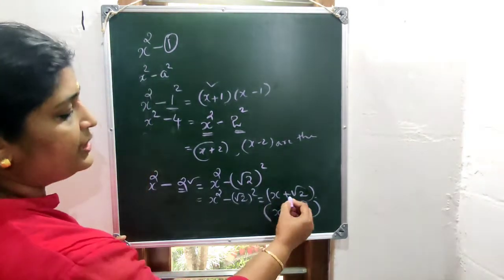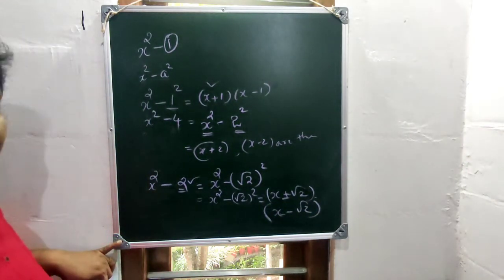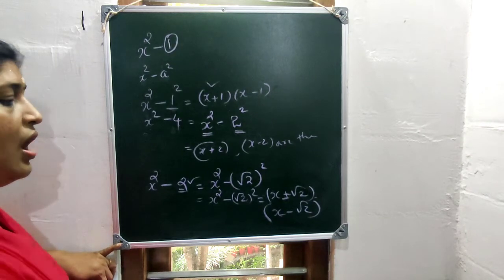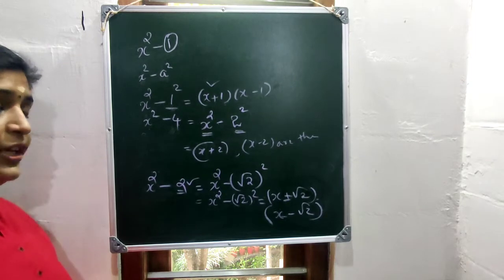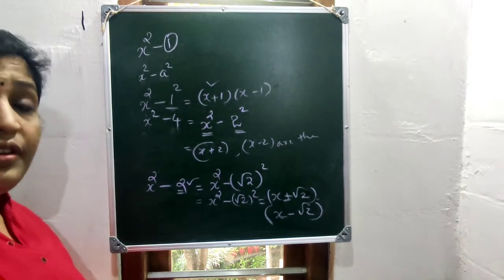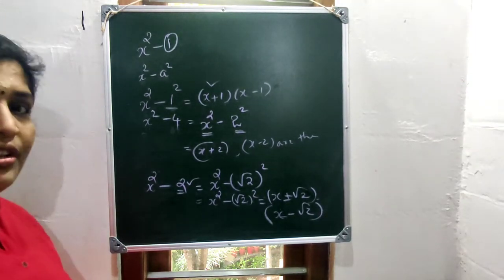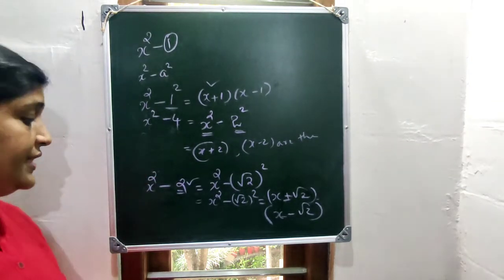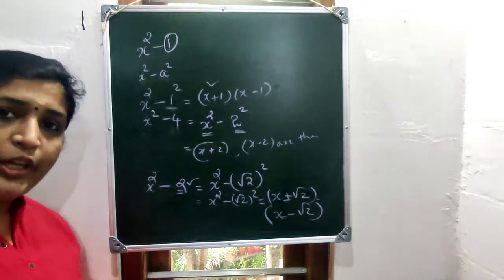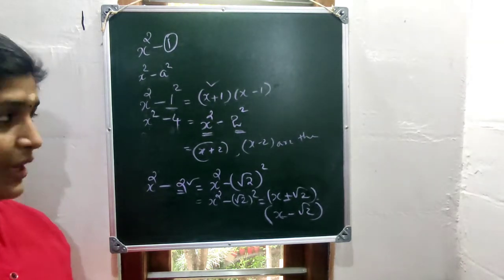So we can say that x plus root 2 and x minus root 2 are the factors of x square minus 2. Similarly, we can find the factors of every second degree polynomial, or we can write every second degree polynomial as a product of two first degree polynomials.